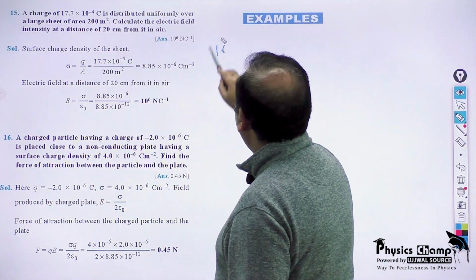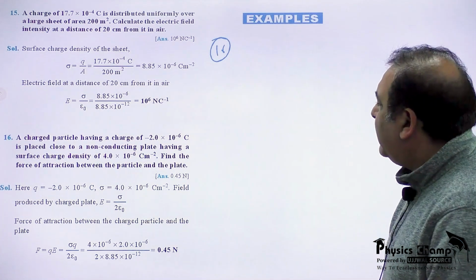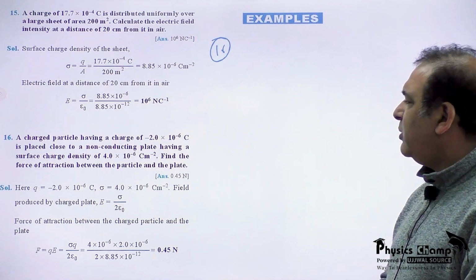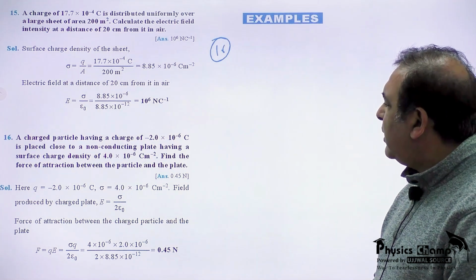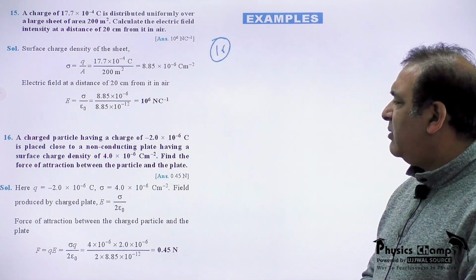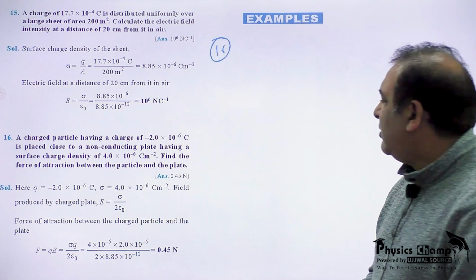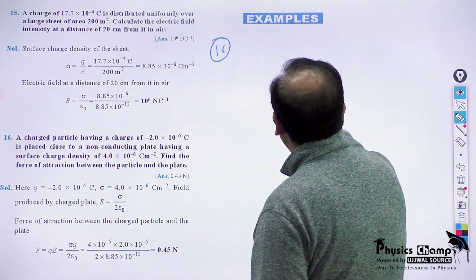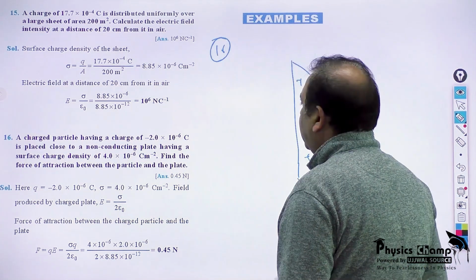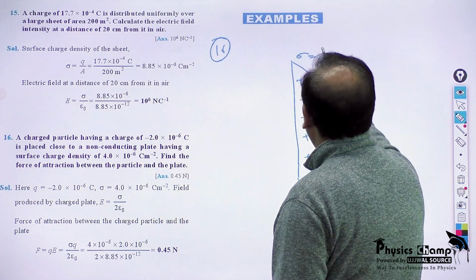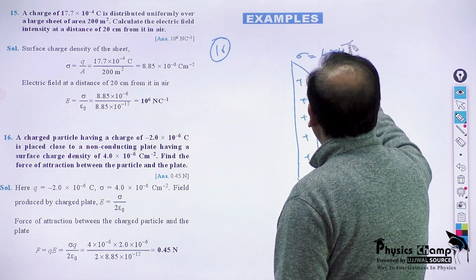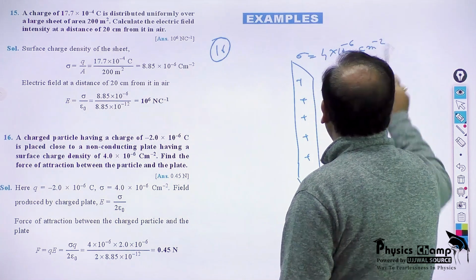Question number 16, next question. There is a charged particle having a charge minus 2 into 10 to the power minus 6 coulomb and is placed close to a non-conducting plate having surface charge density 4 into 10 to the power minus 6 coulomb per meter square. You have a plate here, and this plate has a surface charge density 4 into 10 to the power minus 6 coulomb per meter square.